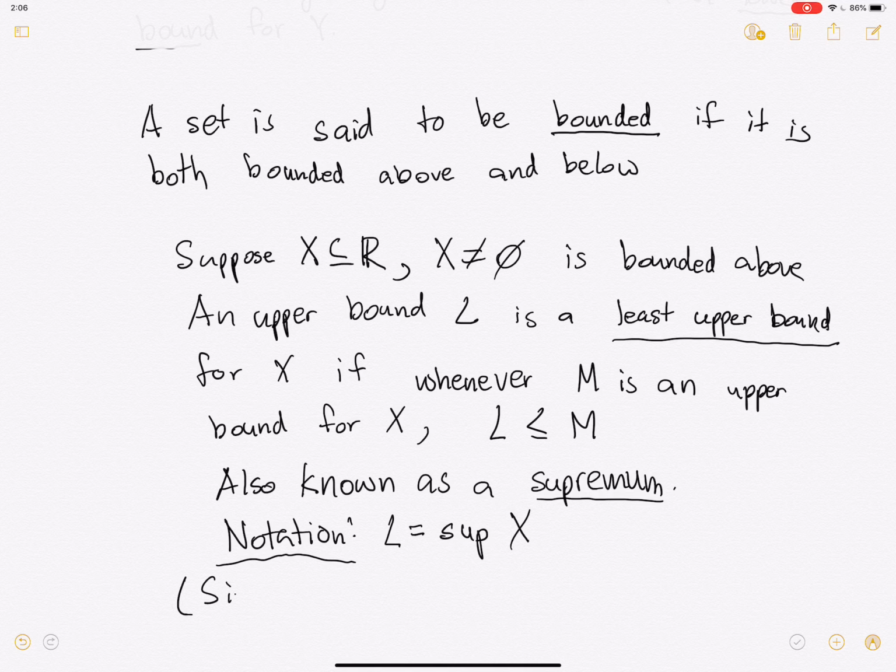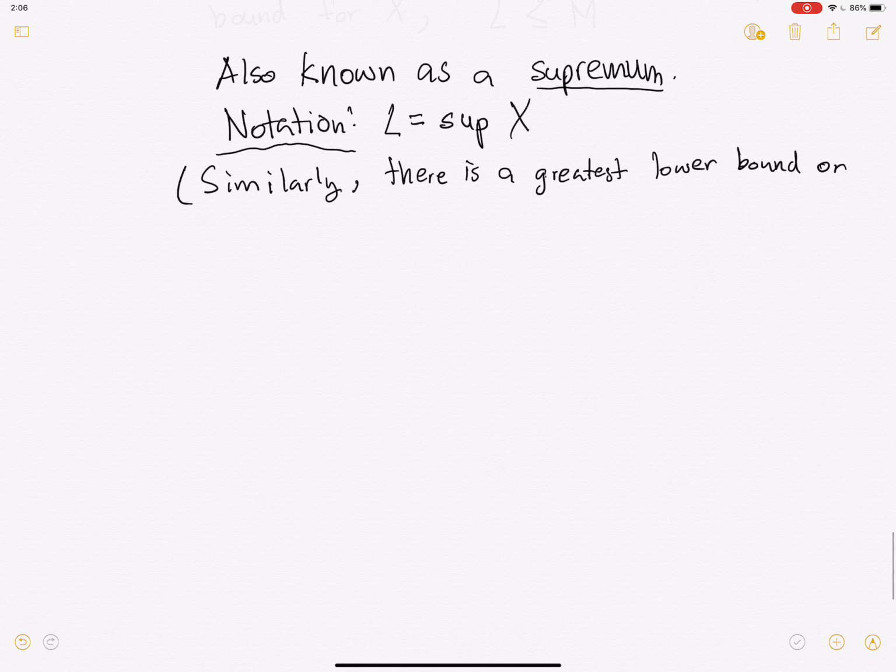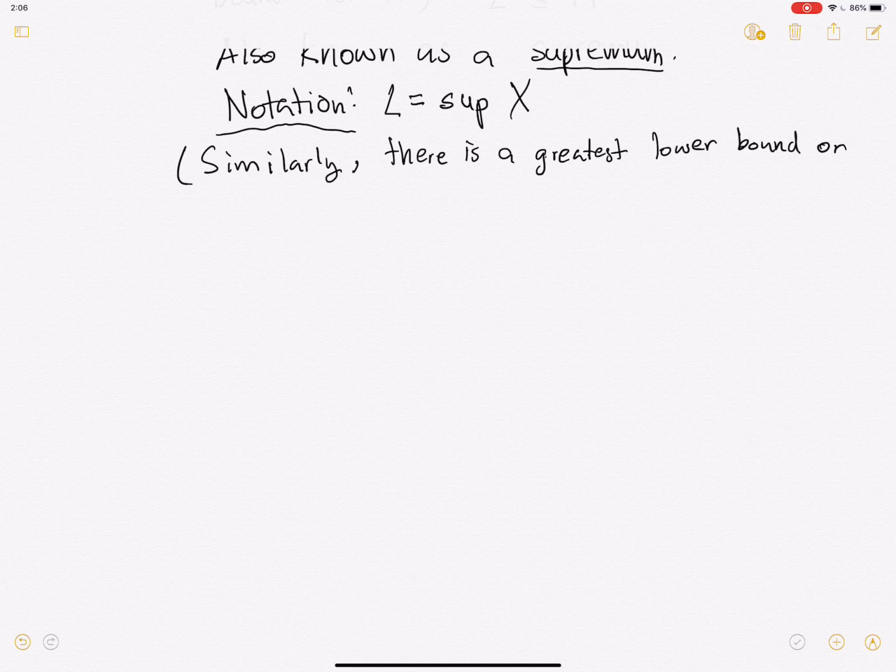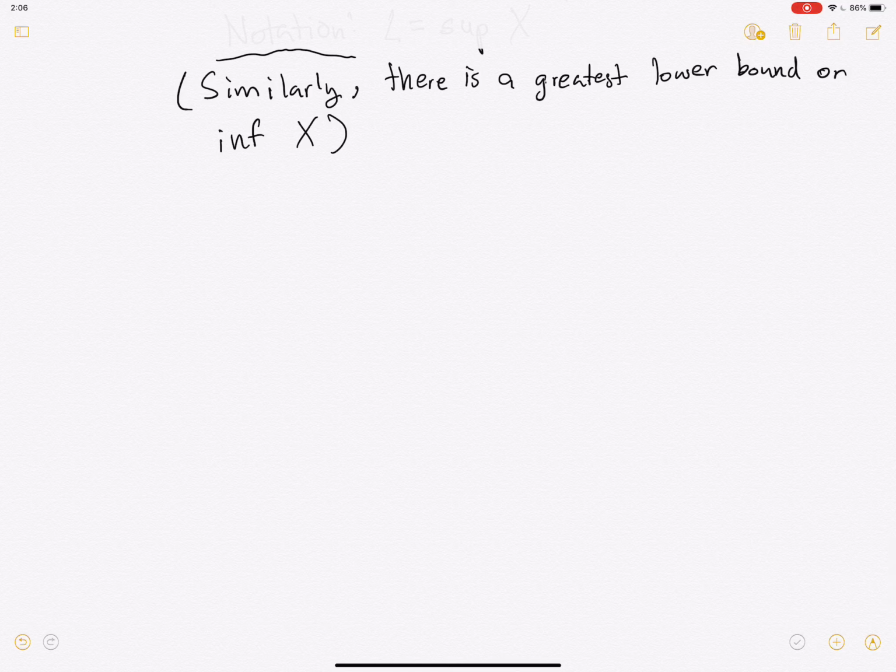And similarly, there's something called a greatest lower bound, or infimum, of X. Let's just write out its definition.